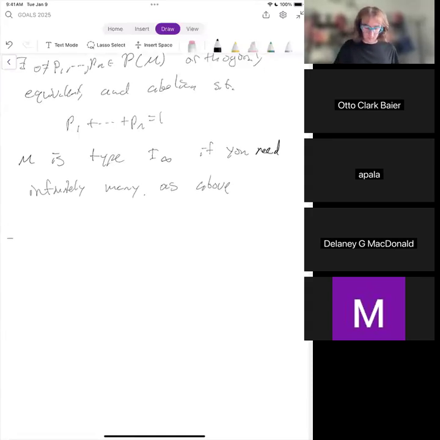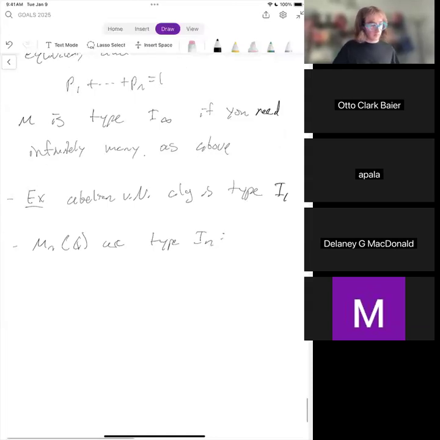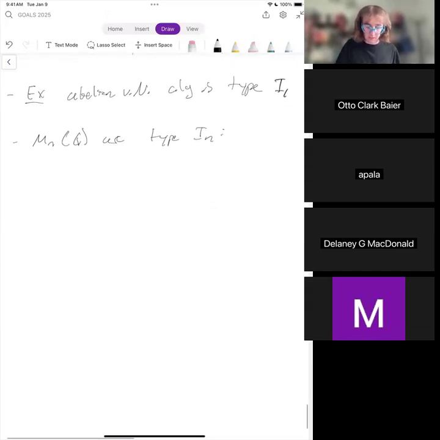And then examples: abelian von Neumann algebras are type 1, 1. And then finite dimensional matrices are type 1n. And that was kind of the other big theorem in this section that I don't have time to prove. It's definitely worth looking at.